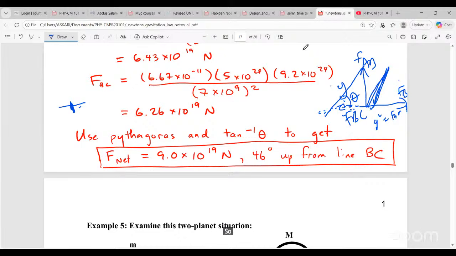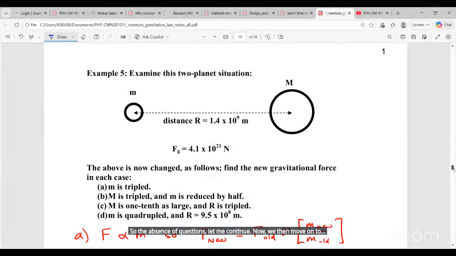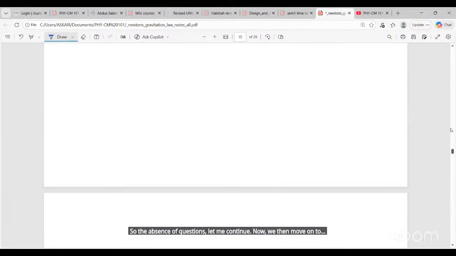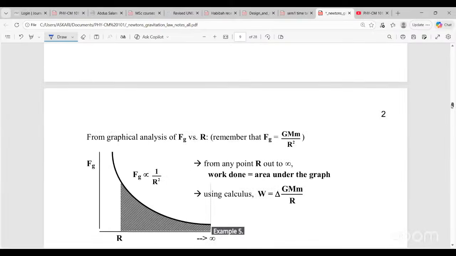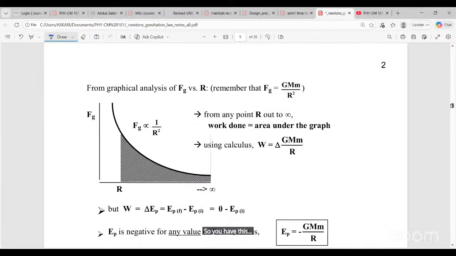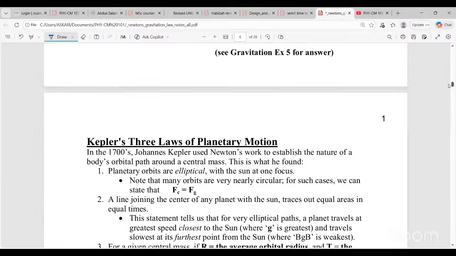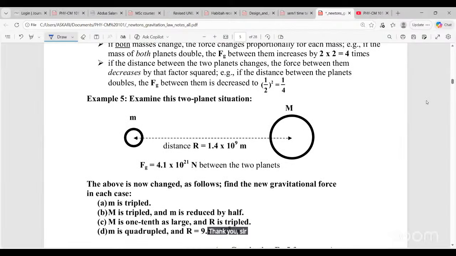In the absence of questions, let me continue. Now we move on to example 5. It is trying to let us understand the relationship between F and the other quantities.